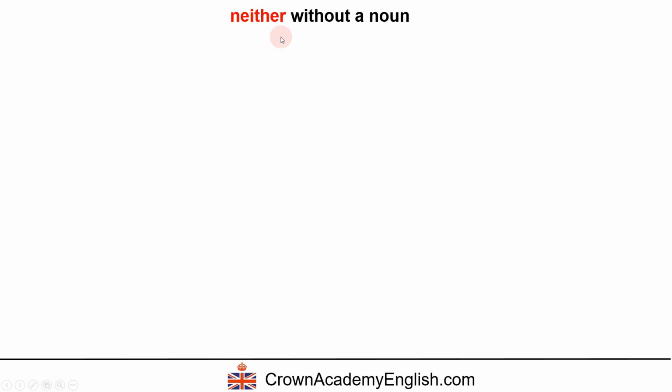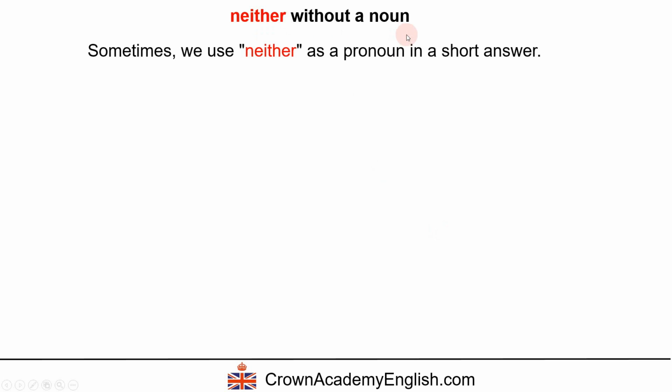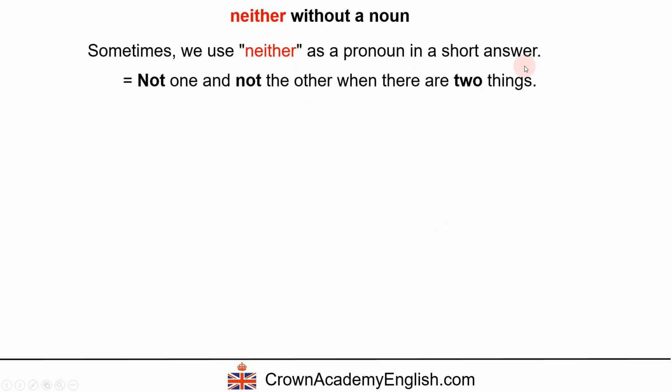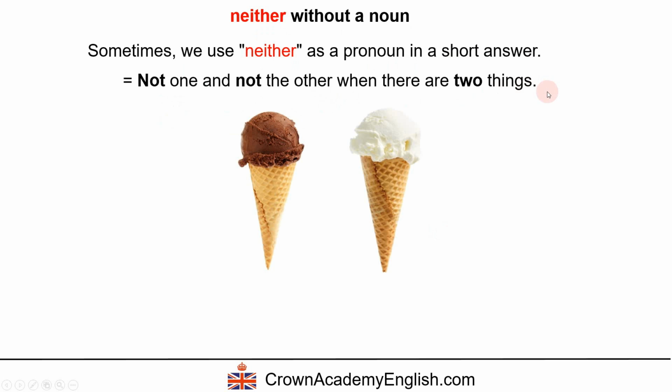We can also have neither without a noun. So we use neither as a pronoun in a short answer. And again, this means not one and not the other when there are two things. Coming back to our usual example with the ice creams.